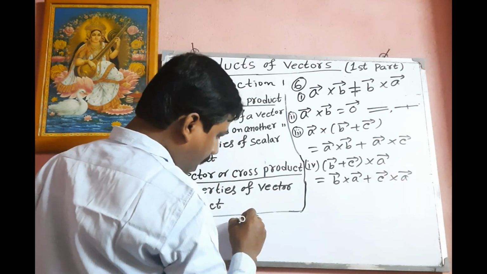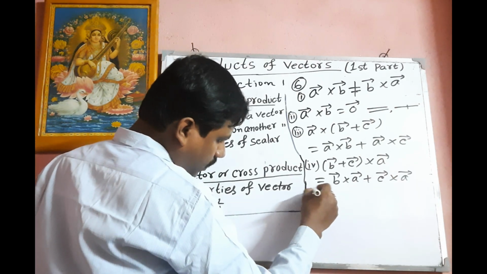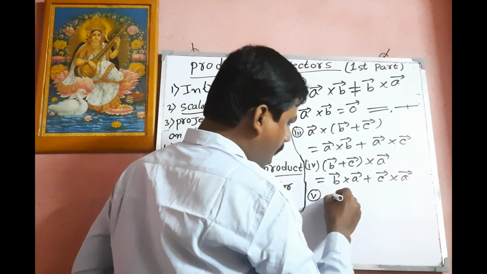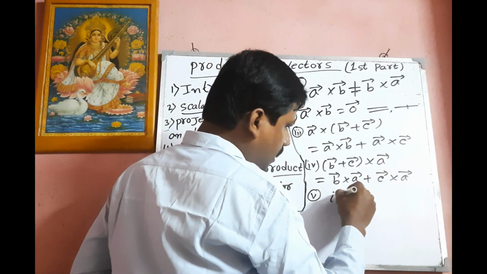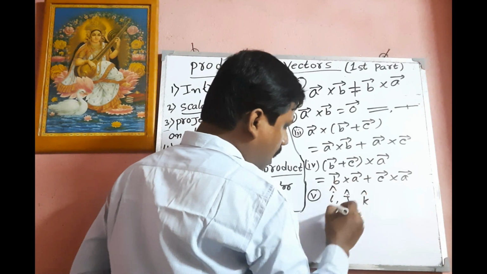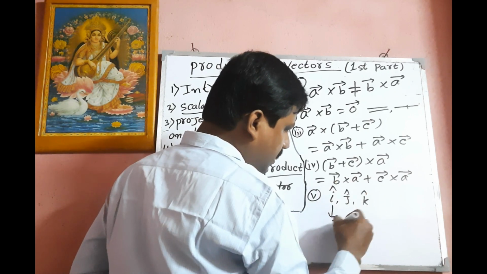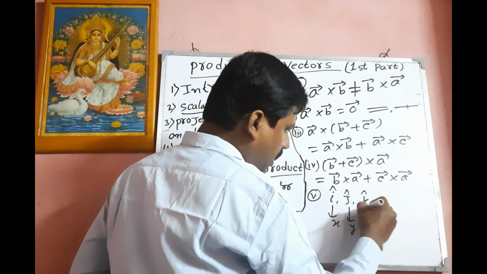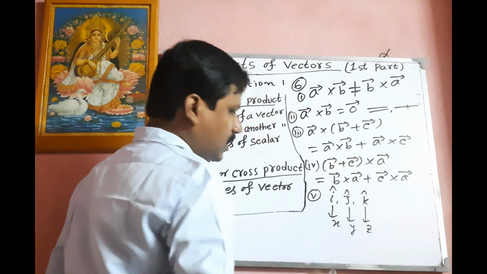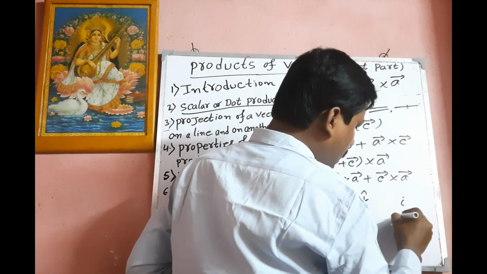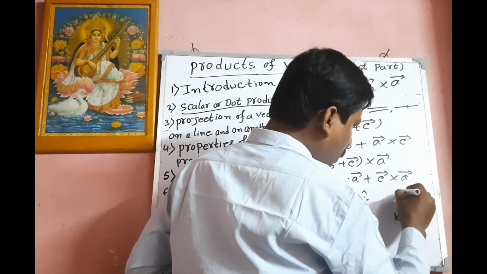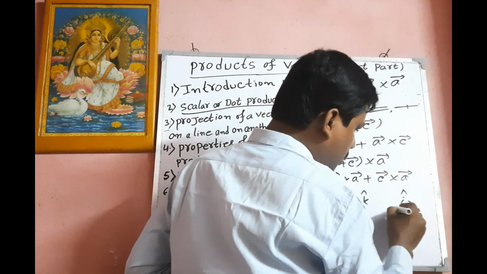Next part we are discussing. Suppose I, J, K are the unit vectors along the x-axis, y-axis, and z-axis. Then I, J, K will be in that sequence.